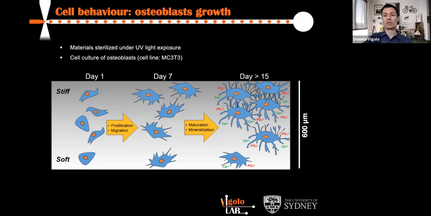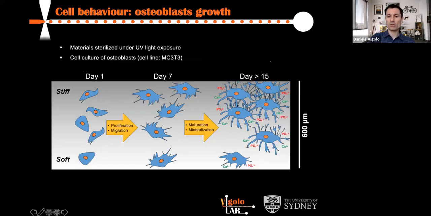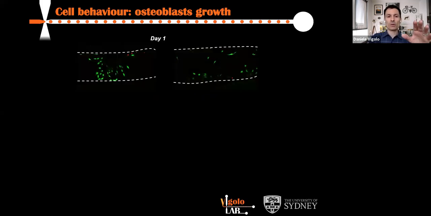But then waiting more than 15 days, we start to see the maturation of the cells, and the fact that obviously osteoblasts want essentially to form bones, and so they will start to mineralize the substrate, and we can appreciate that as well.